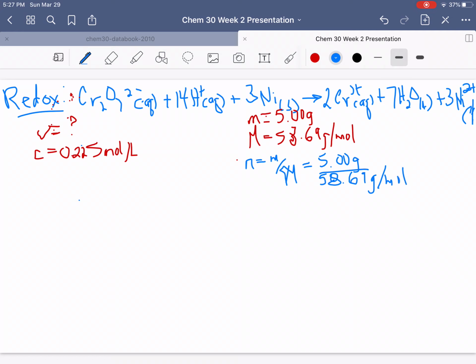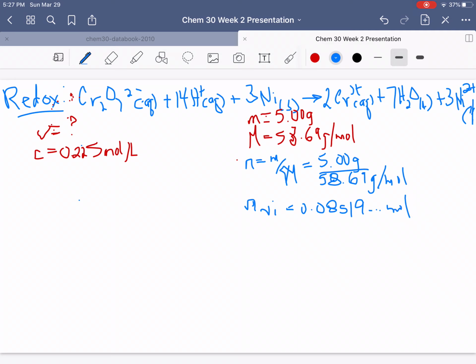Okay, grams are going to cancel out, and my number of moles of nickel. Sorry, I'm having a hard time writing neatly here. So make sure you have the other notes in front of you if you need to. That can help. We get 0.08519 moles.